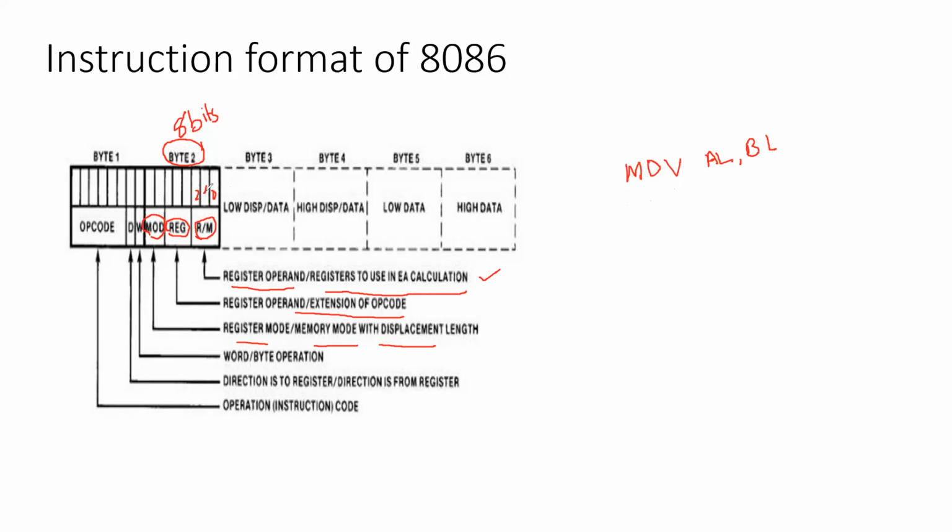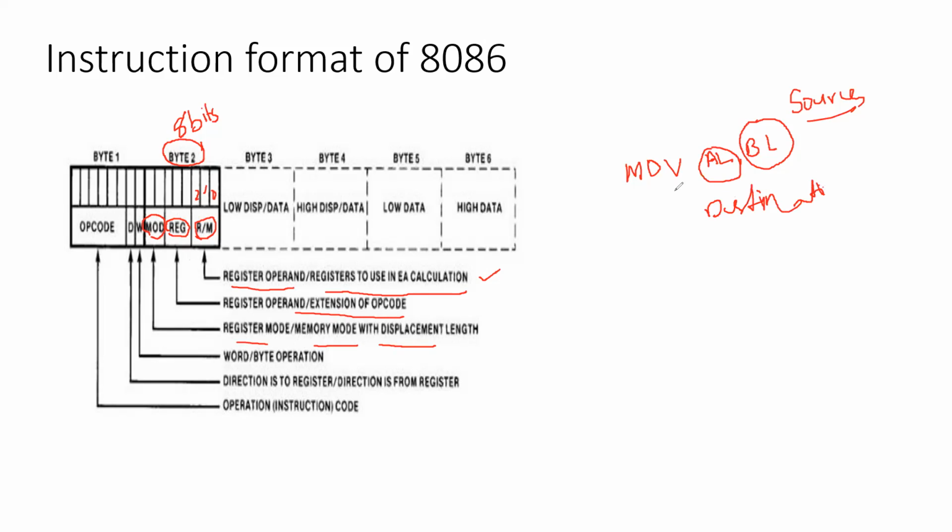That means these three bits indicate the source register value, and the next three indicate the register operand of the destination. Destination will be given here.